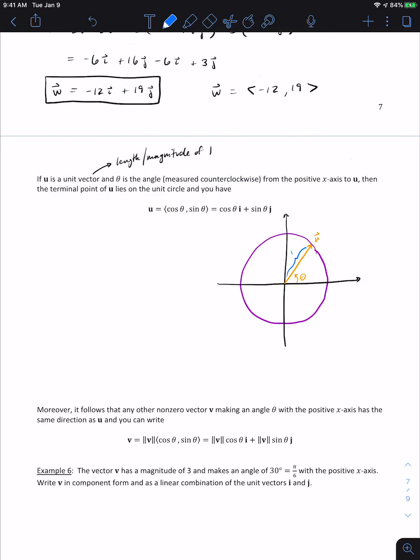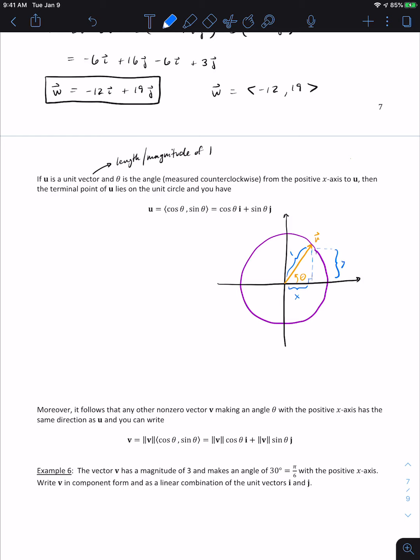Now, let's think about something else. I can make this into a right triangle, right? And if this is a right triangle, I know that the length of the hypotenuse is 1. Let's call the length of this distance x, and let's call this distance y, right?